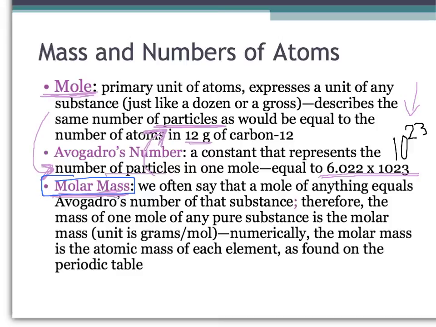And what this value represents is that 1 mole of anything, let's say 1 mole of water, is equal to the mass of the component parts of that substance. So in this case, 1 mole of water is equal to however much 2 hydrogens plus 1 oxygen weigh in AMUs.